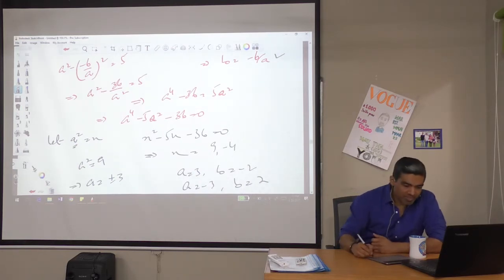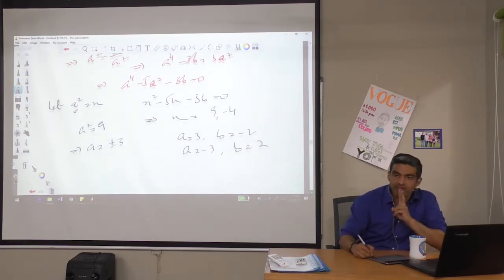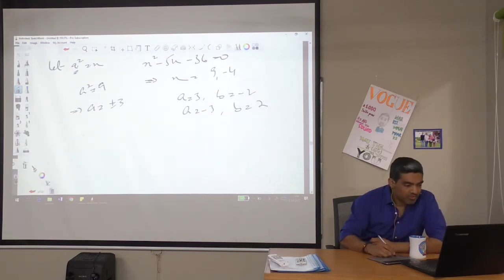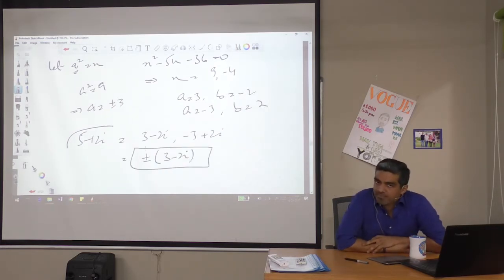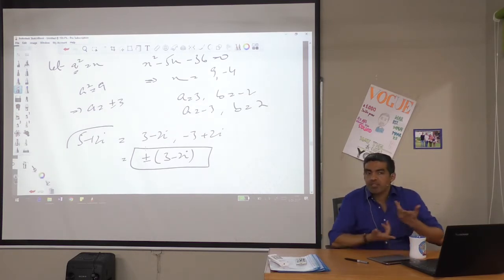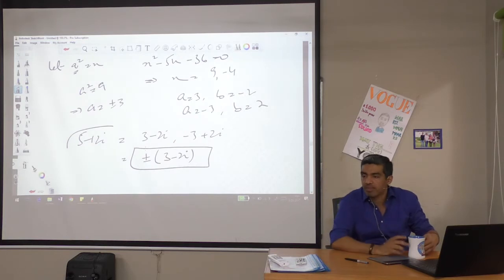Which means the two answers that you're getting, the two square roots of 5 minus 12i, are 3 minus 2i and minus 3 plus 2i. Or in turn you can say plus minus (3 minus 2i). You can just write it as plus minus (3 minus 2i), or you can just write it as plus minus (3 plus 2i), the same thing.